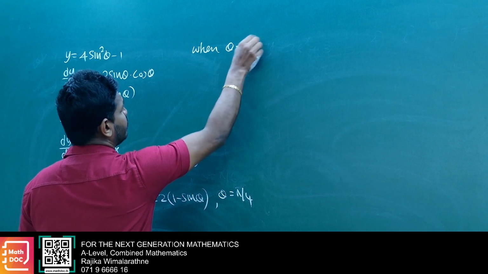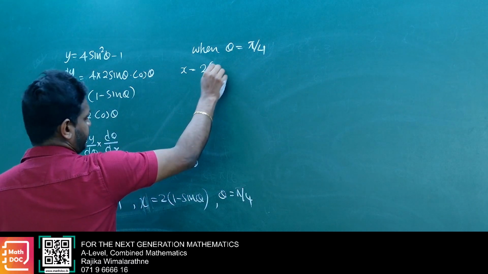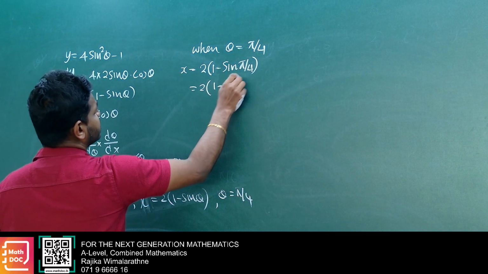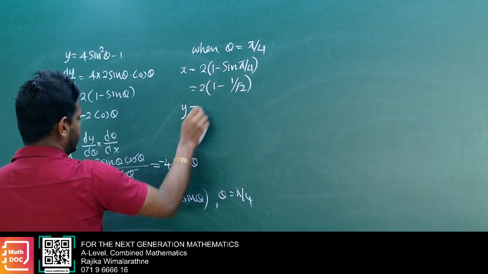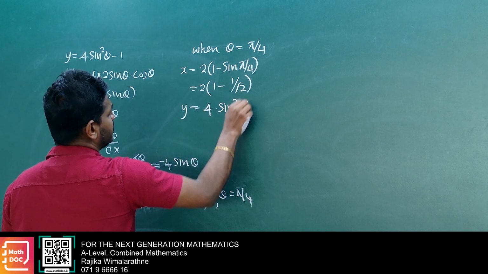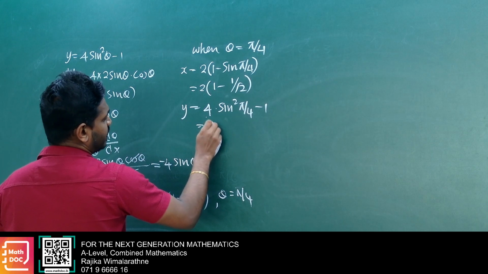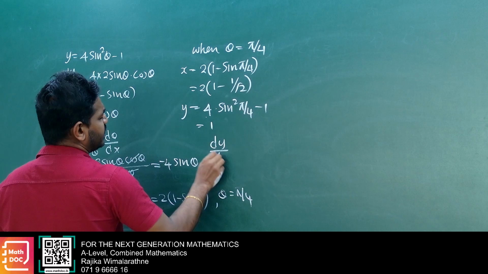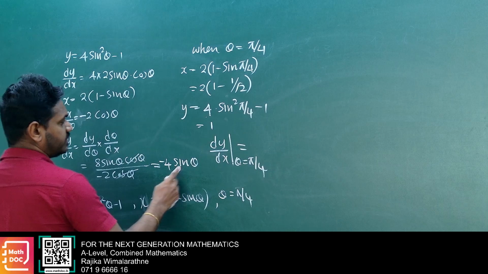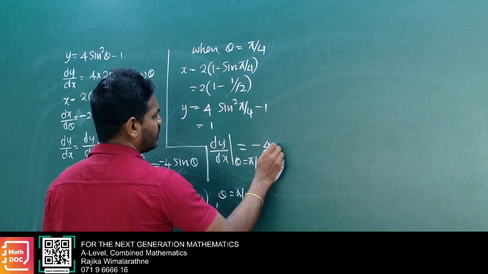When theta equals pi by 4, x equals 1 minus sin pi by 4, which is 1 minus 1 over root 2. y is 4 sin squared pi by 4 minus 1: 1 over root 2 squared is half, 4 times half is 2, minus 1 gives 1. Then dy by dx at theta equals pi by 4 is minus 4 over root 2.